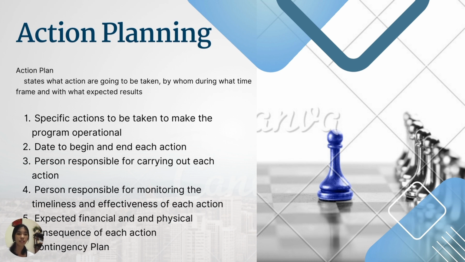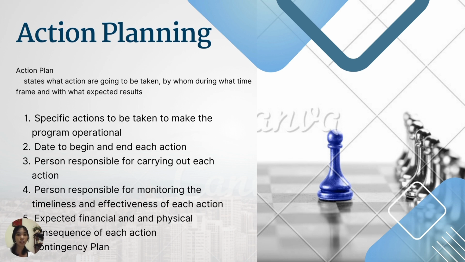And the last one is the contingency plan. So this action plan is a set of steps or activities that need to be performed well to execute the strategy well and to make it successful. So, yung specific action is yung specific goal na kailangan ma-achieve in the company.